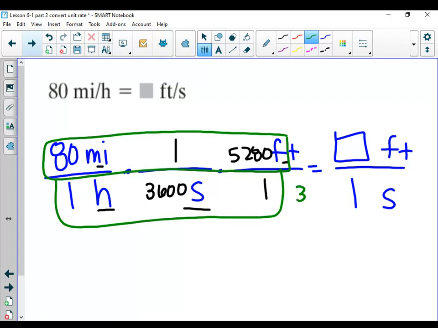Well, I know the bottom's going to be 3,600. Top. Need a side problem.